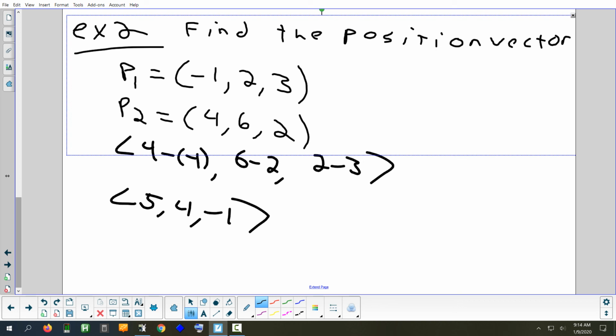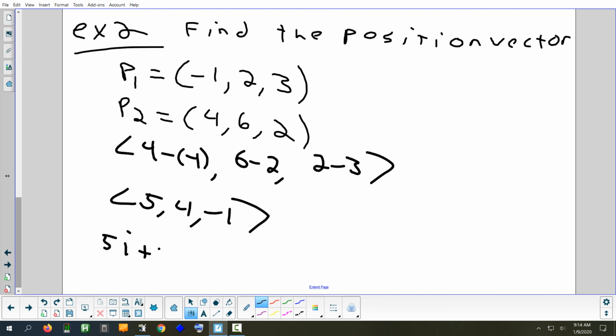Okay. So that's one way you could see it written. Or Abigail, if I wanted to write it with the IJK instead of the brackets, what would it look like? 5I plus 4J plus -1K.